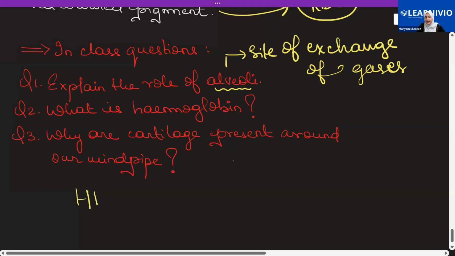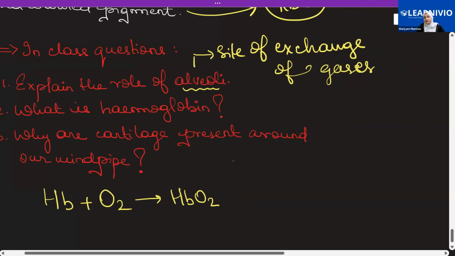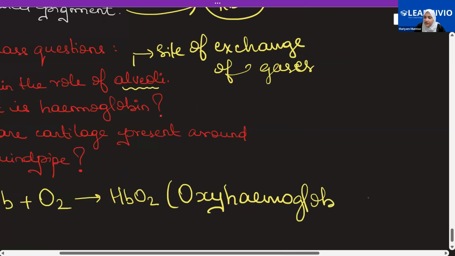Hemoglobin plus oxygen, what do you call this complex? Oxyhemoglobin. So whenever the hemoglobin combines with the oxygen, it makes oxyhemoglobin.